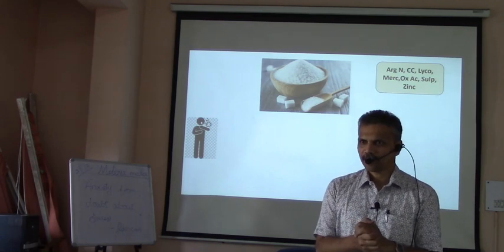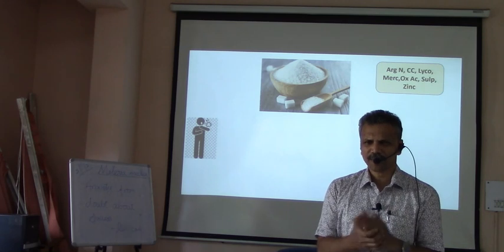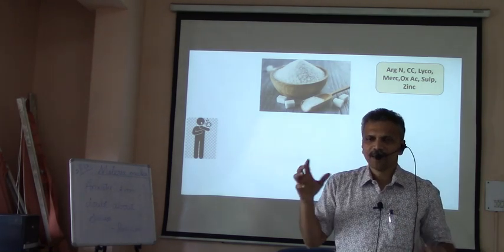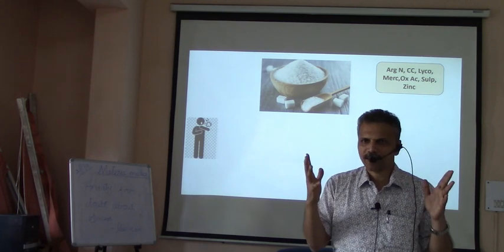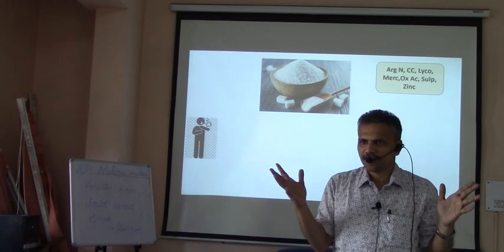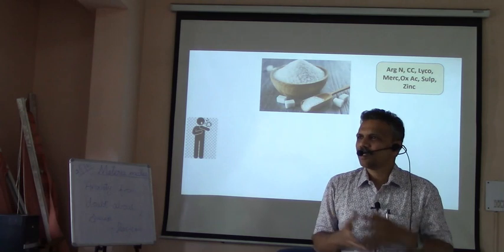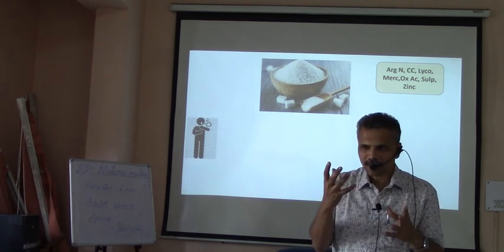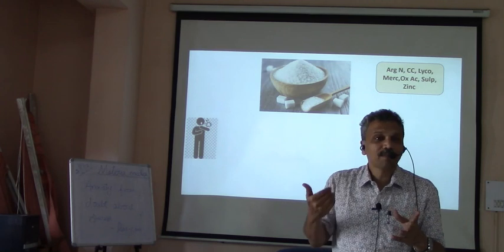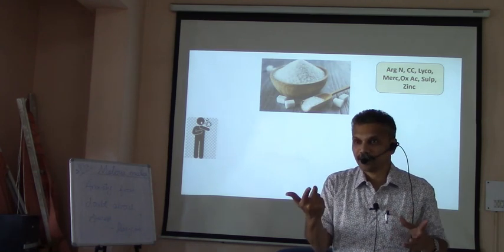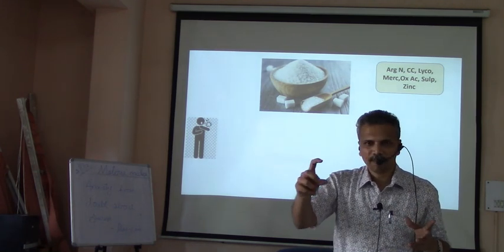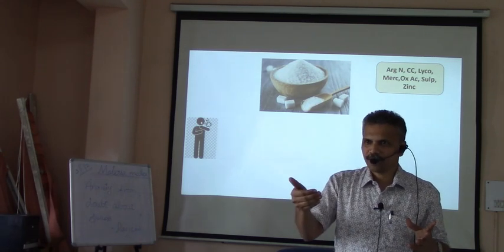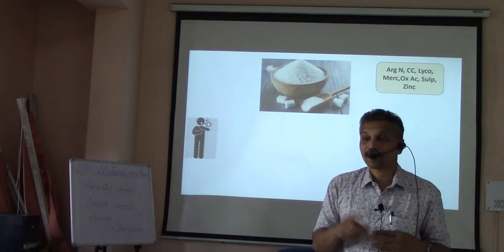Aversion to girls, aversion to opposite sex or aversion to women. That's not the case, but it's also there in Raphanus. This man felt he has got some serious illness. This rubric, delusion, he has got a serious illness which the physician is not able to identify. I don't remember the exact rubric, but that's how it is, and the only remedy mentioned there is Raphanus.